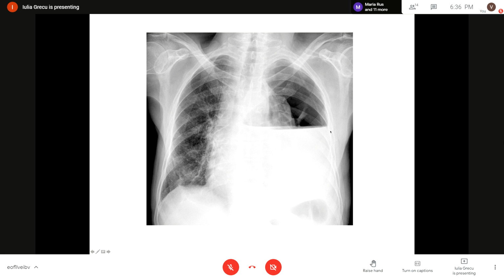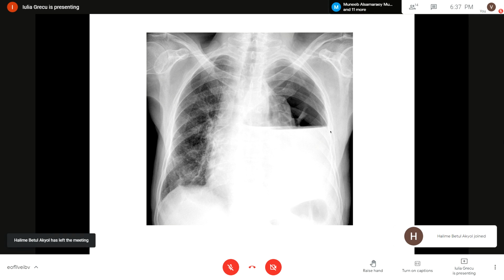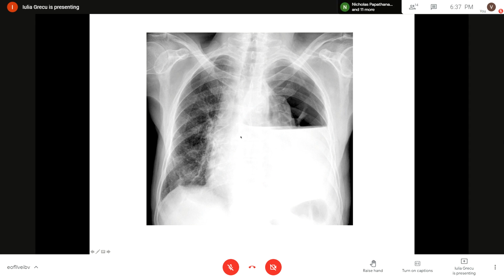This is typical of an air-fluid level, and this is called a hydropneumothorax.